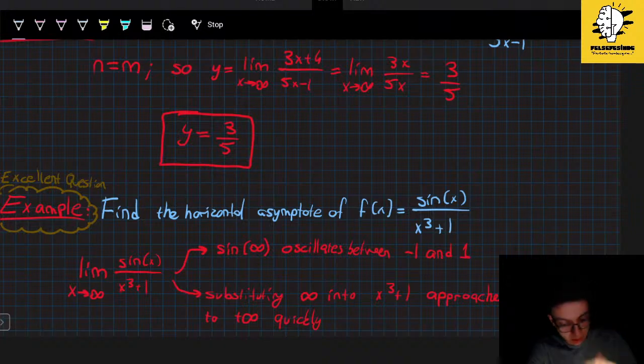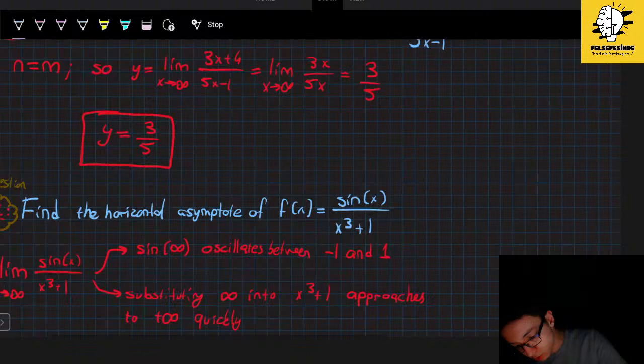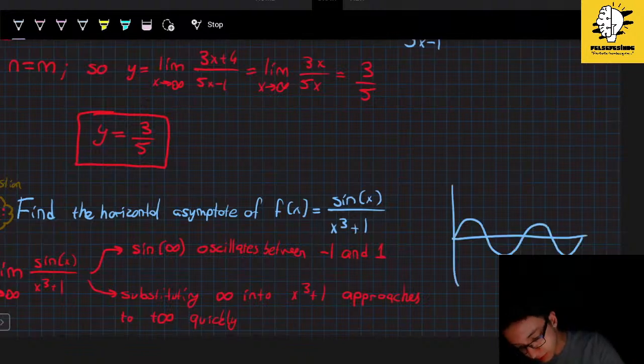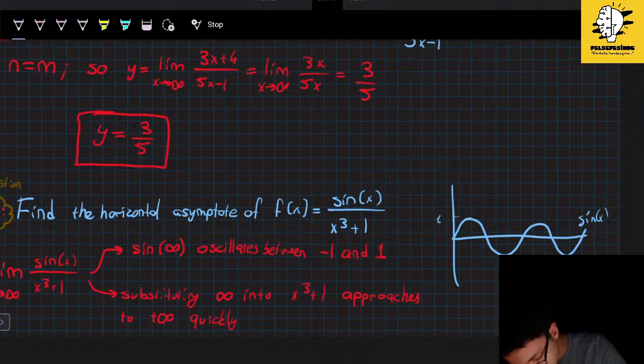But I know something. x is approaching infinity, and I know already the sine curve. This is the sine curve, sine x, this one being 1 and this one being -1. If my x is approaching infinity, nothing much changes about how it oscillates between 1 and -1.